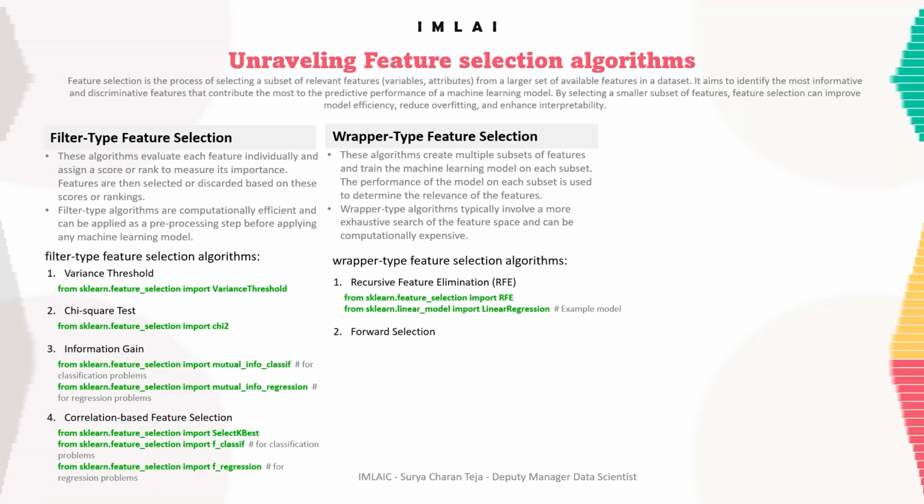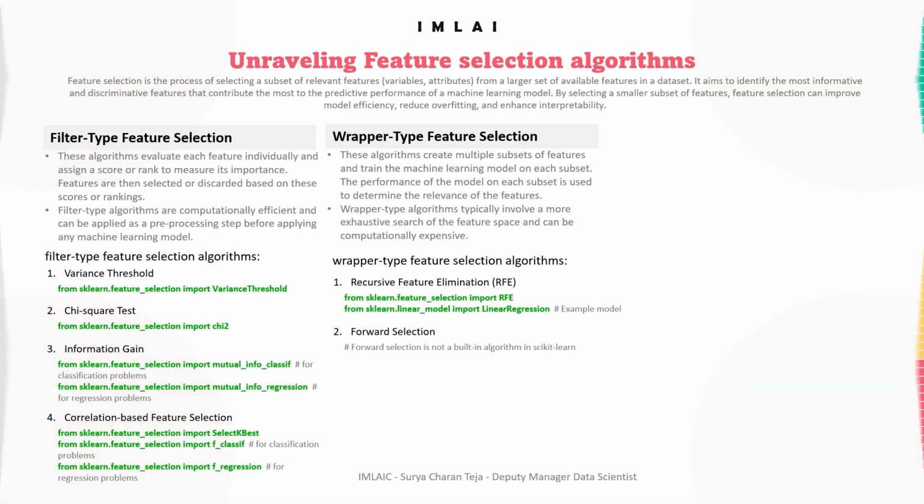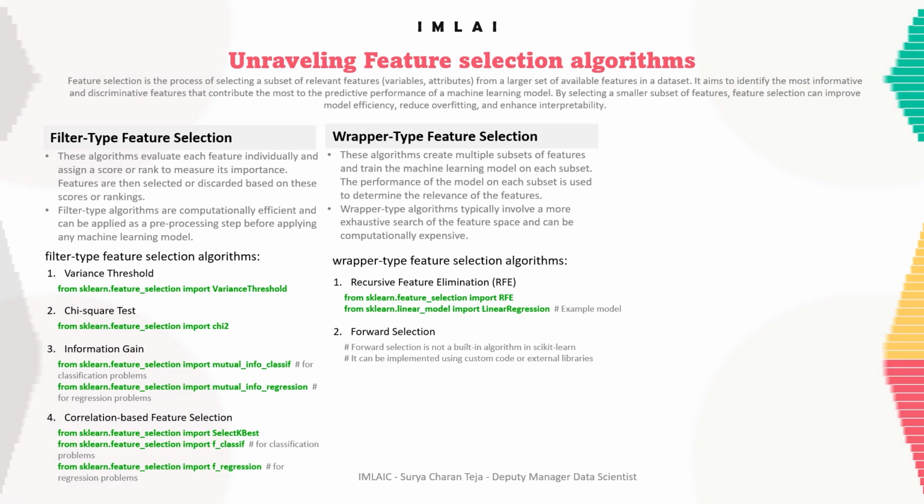Okay, next we have the forward selection method. Forward selection starts with an empty set of features and adds the most relevant features one by one based on their impact on model performance. Obviously forward selection is not a built-in algorithm in scikit-learn, so we have to implement it on our own.